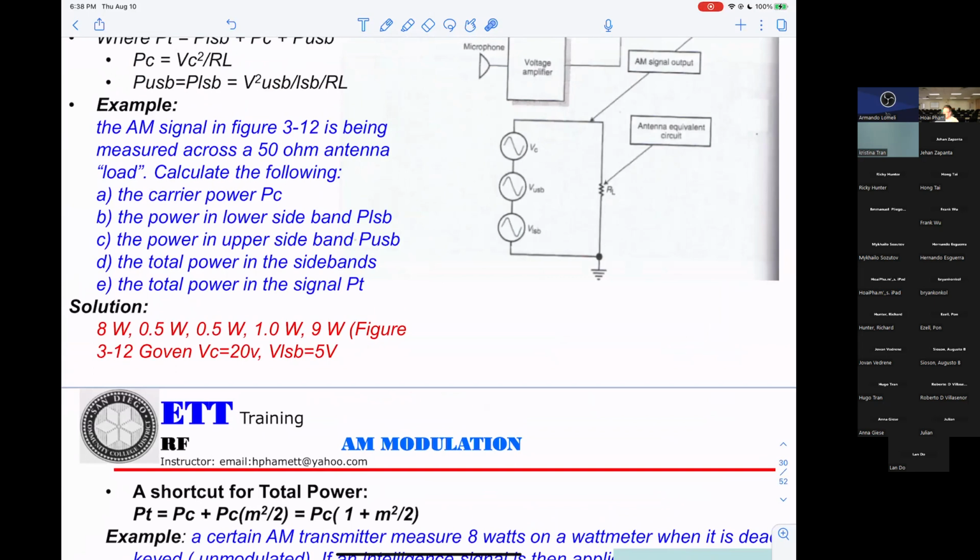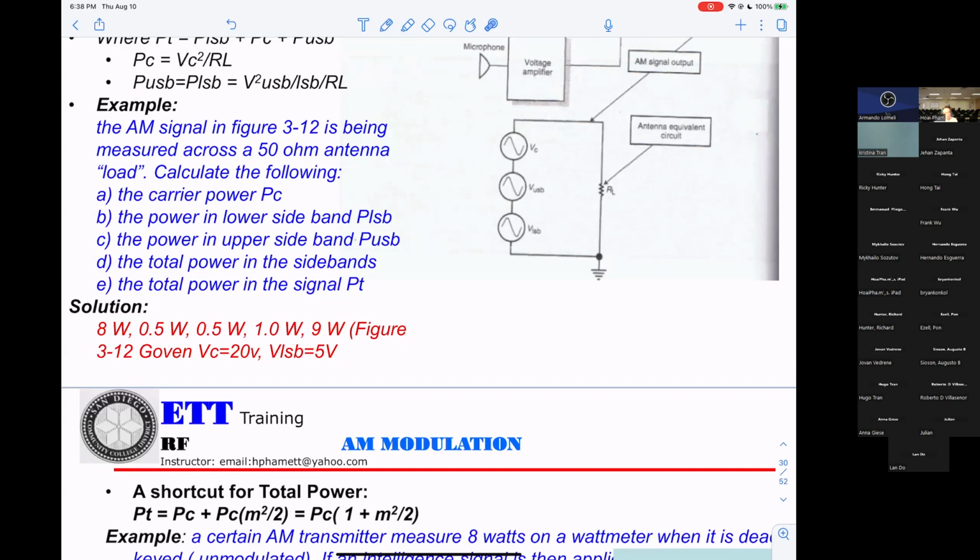Okay, what I recommend to you: try to go through this handout over and over. It will help you understand the radio signal transmitted over the air, and the signal that enters your radio.